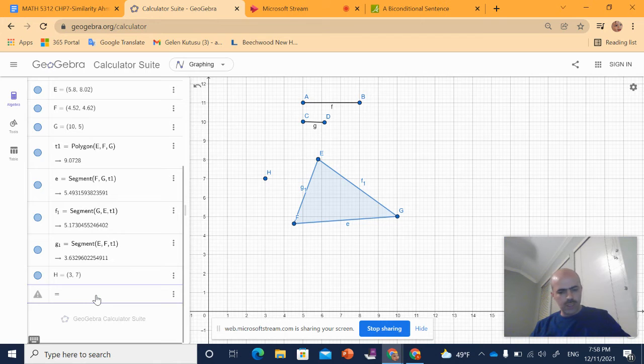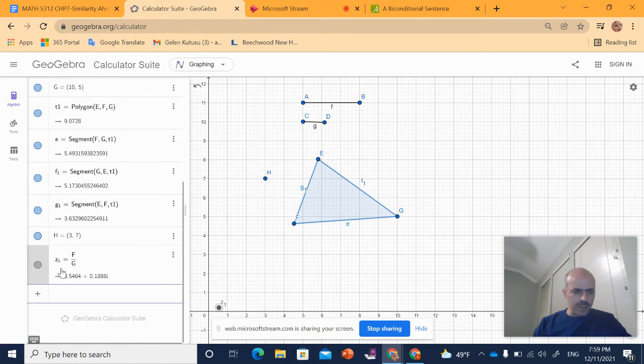From here, F over G we can apparently see as 3 over 1, so it would be 3, but what is F over G exactly?